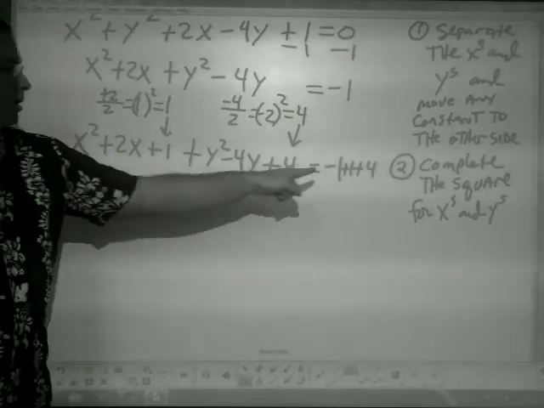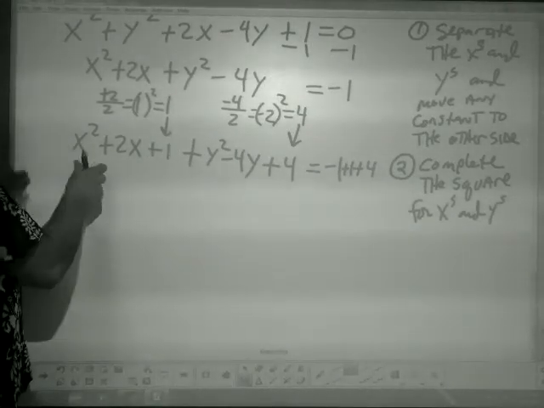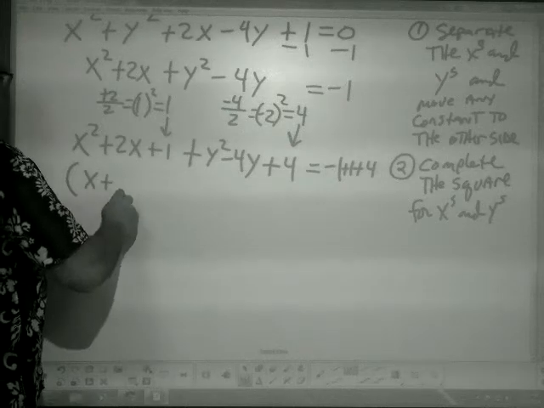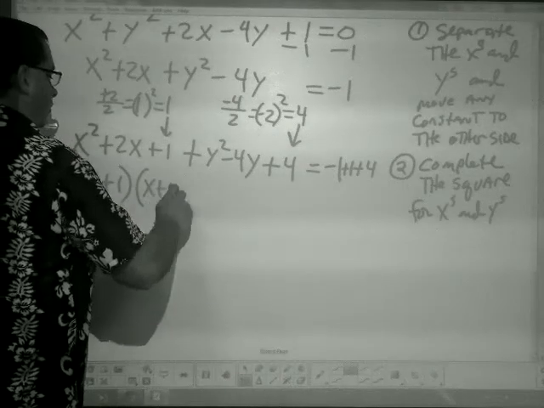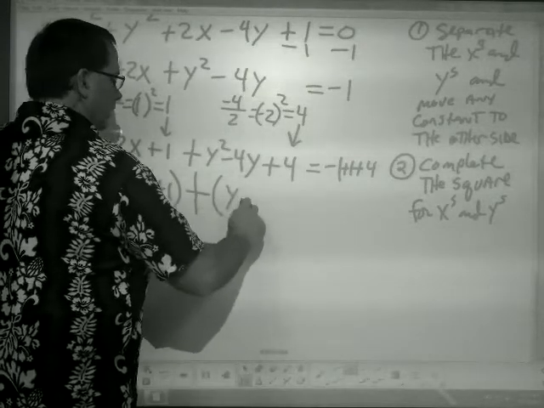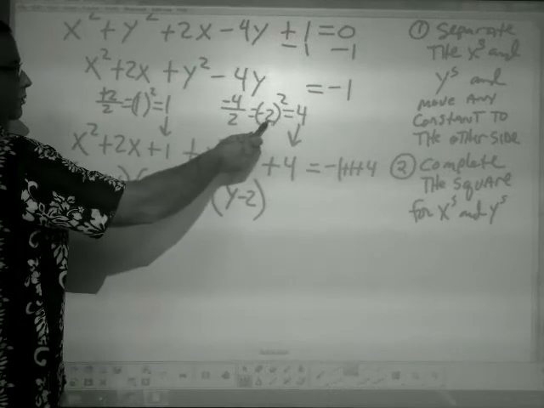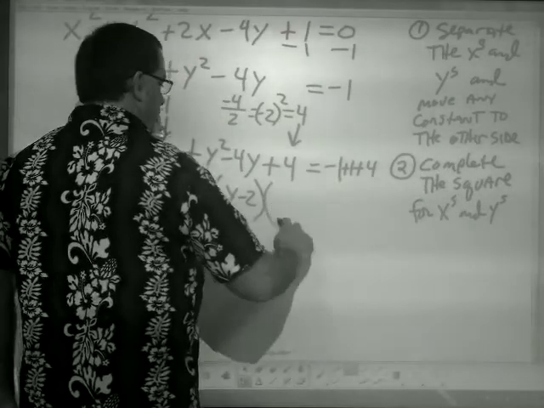So now let's clean this up a little bit, okay? Factor. x plus 1, x plus 1, plus y minus 2. Again, whatever that number is will go here. Whatever this number is that you're squaring will go here.